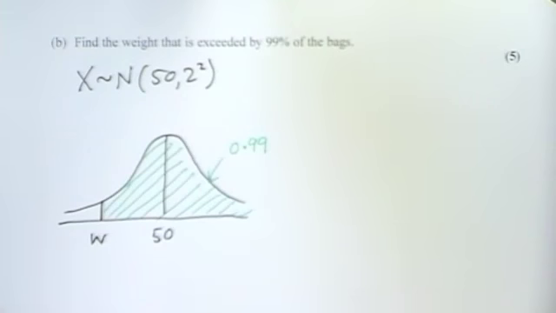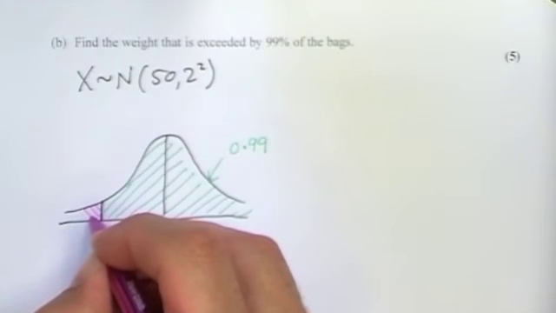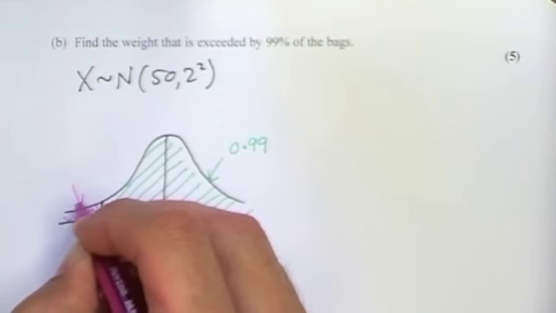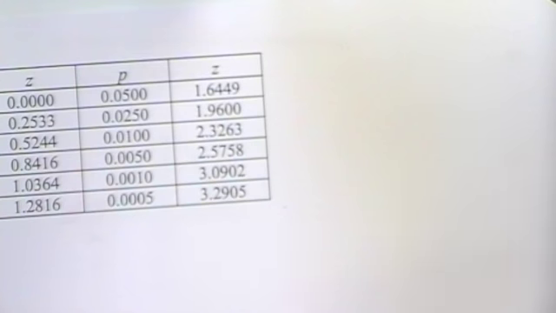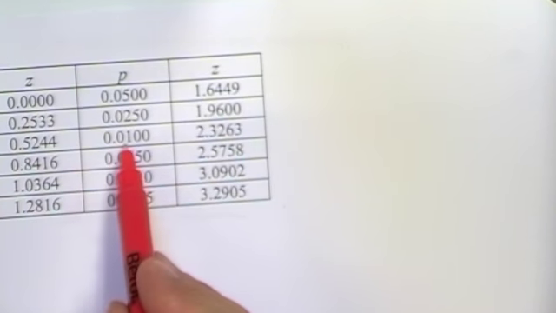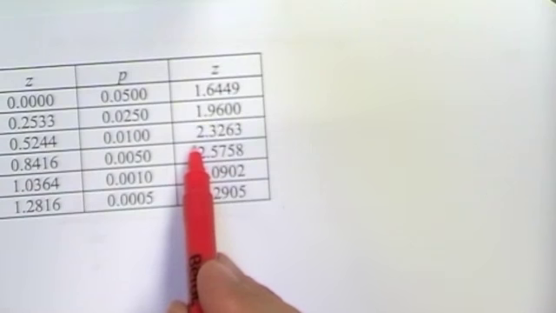Now that value is not actually going to appear in any tables. What I'm going to look up is this value here. That's the probability I'm going to use as 0.01. So if I change them to Z values, this becomes 0, and this becomes what I can look up in the table, 0.01. That's a nice rounded figure, so I'm going to use the second table. 0.01 is here, so we've got a value of 2.3263.